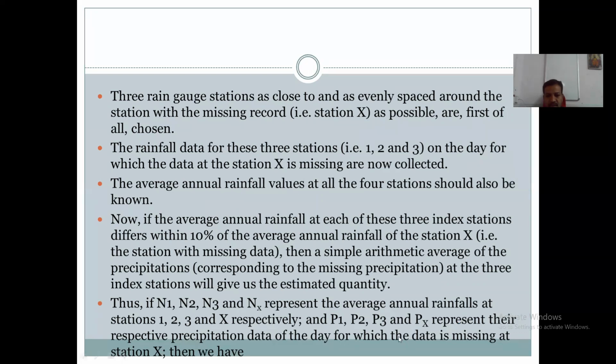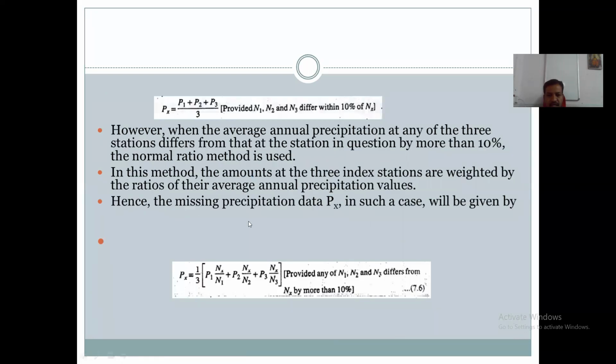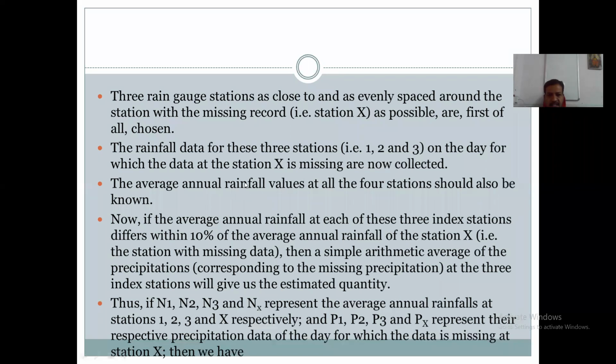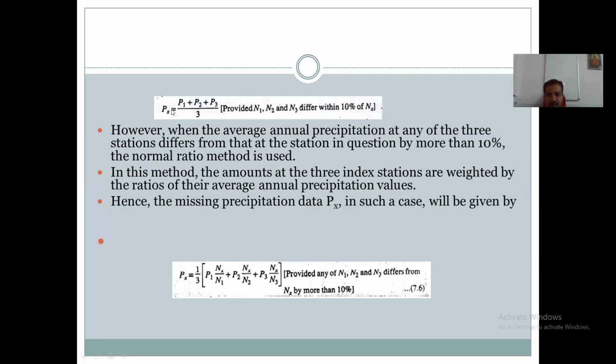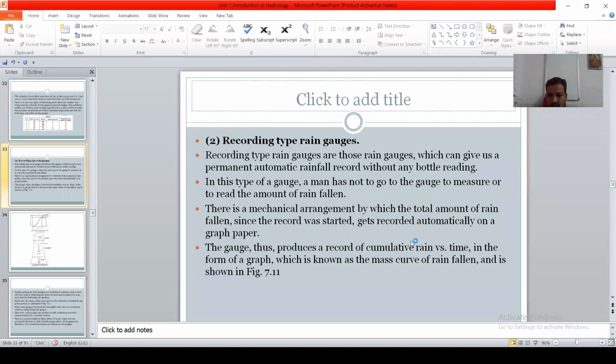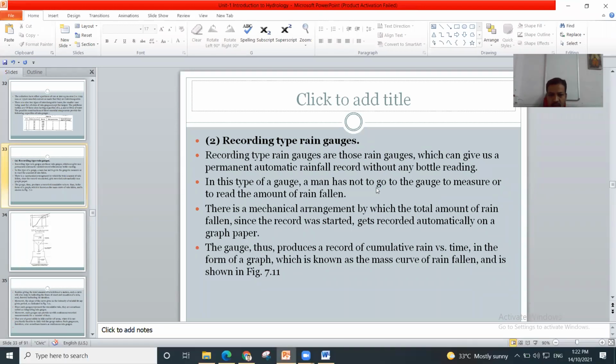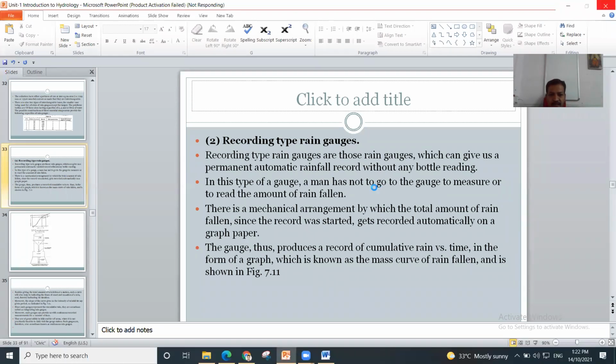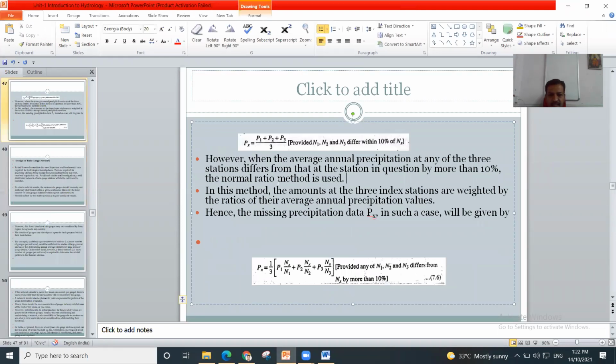Px, the precipitation of the missing data, is what is calculated.